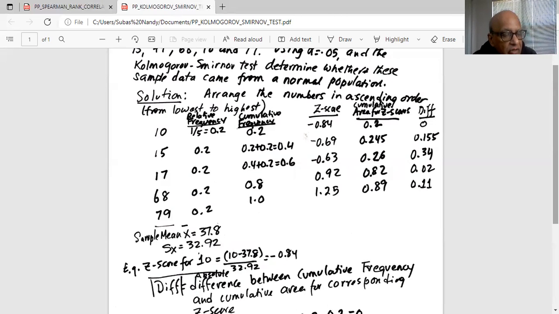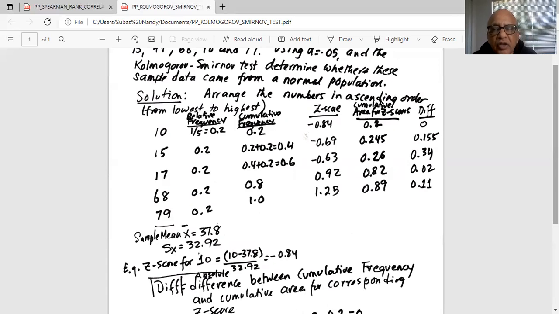Paste, enter and enter. And that area is 0.245. So 0.245 is the area under the standard normal curve from the lower boundary of minus 1E99 up until minus 0.69. That is the area to the left of minus 0.69. And we repeat this process.